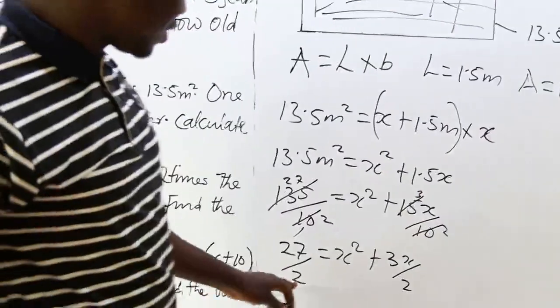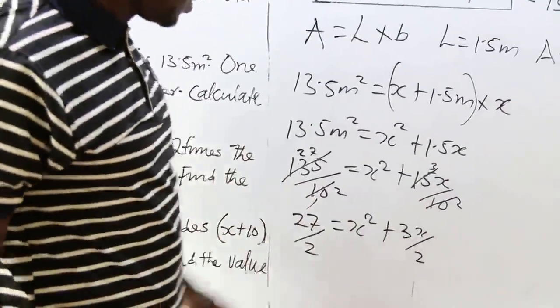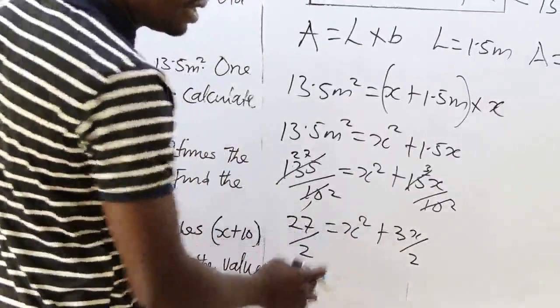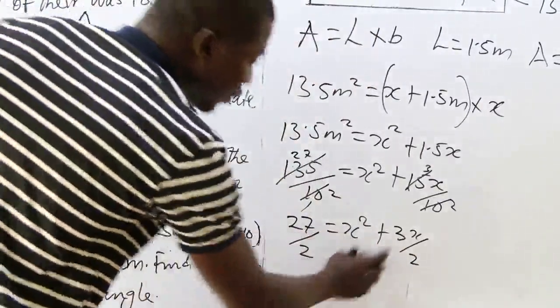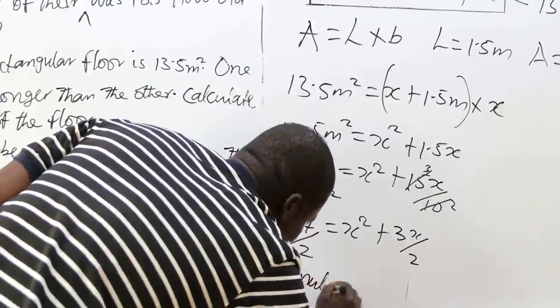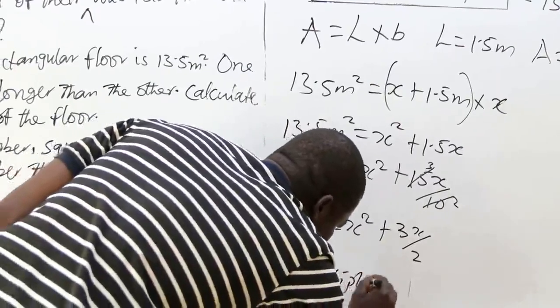Looking at this, we have fraction. Now we want to make it a linear equation, so we multiply each term by 2 because the LCM is 2.